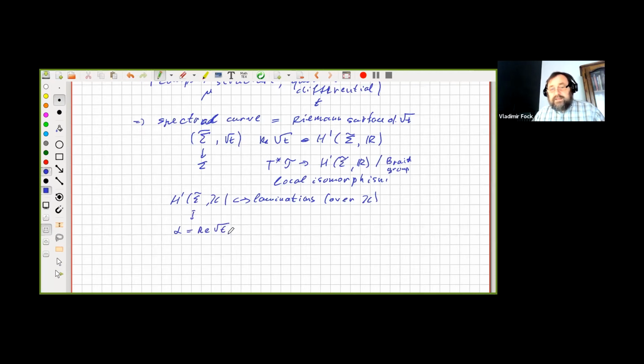And the kernel of alpha is a foliation of your surface sigma tilde.